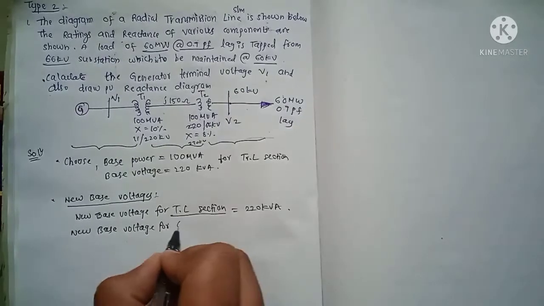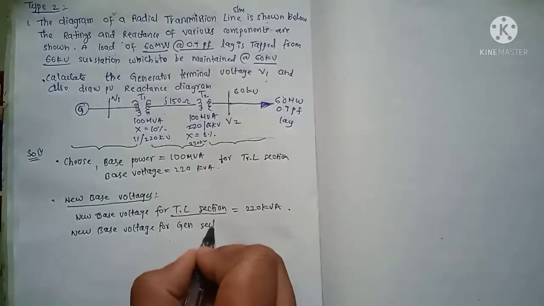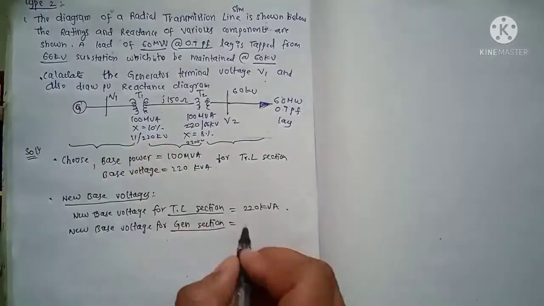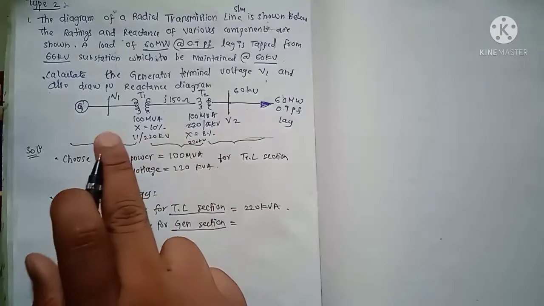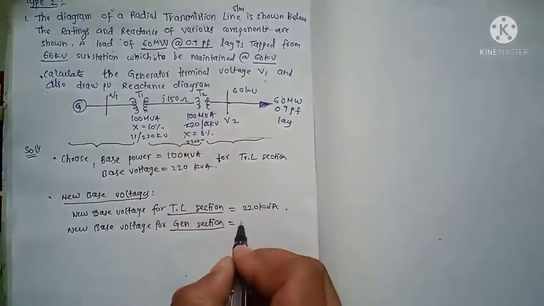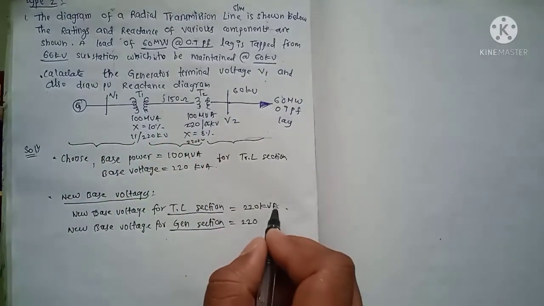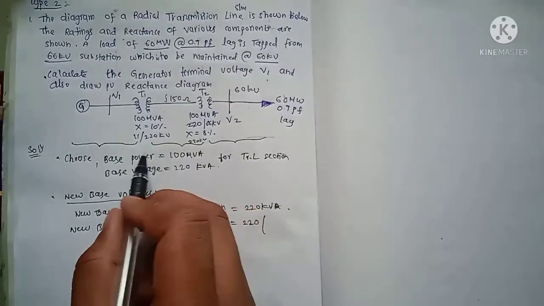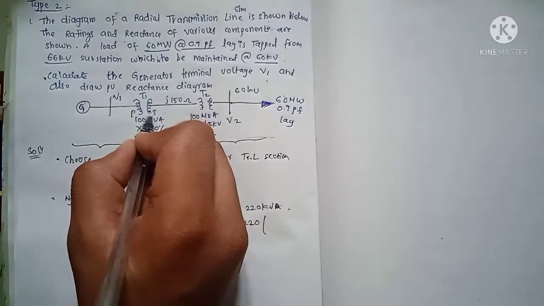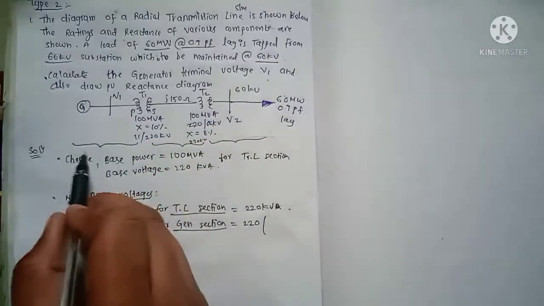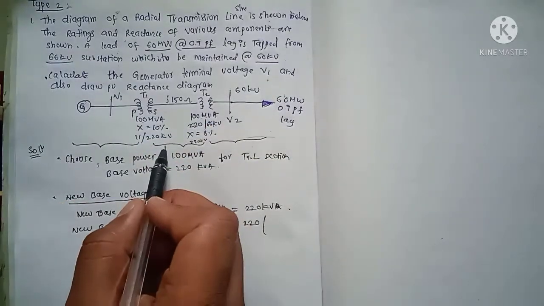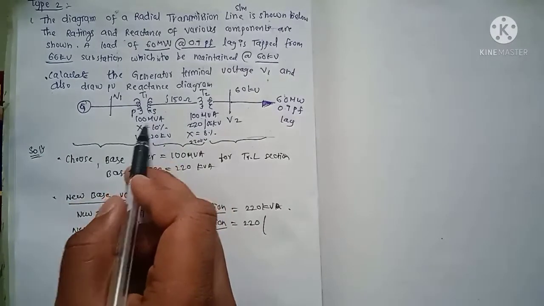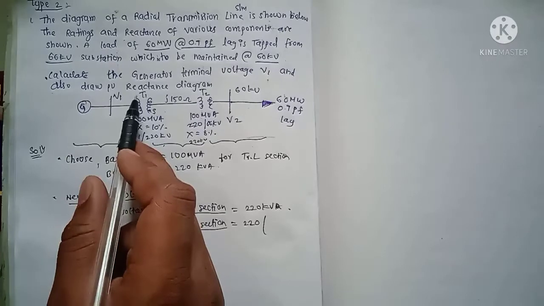New base voltage for the generator section. Previous section voltage is 220 kilovolt. This is primary, this is secondary, right? We are calculating the generator section voltage. We are moving from the transmission line to the generator section, so this implies secondary to primary of T1.